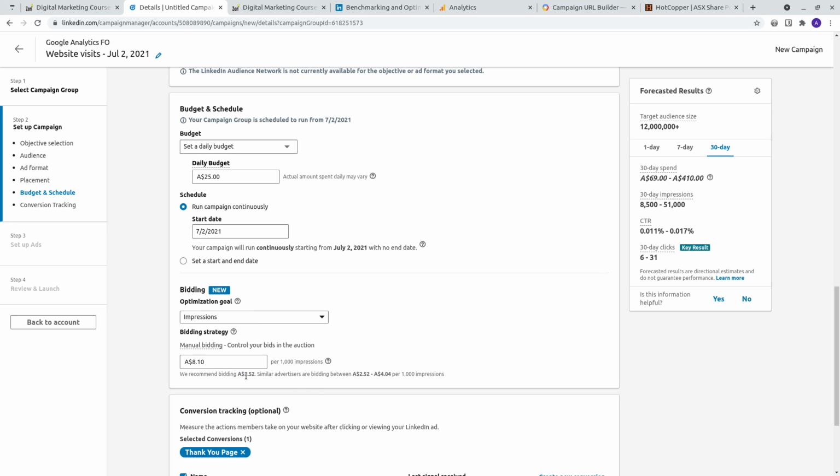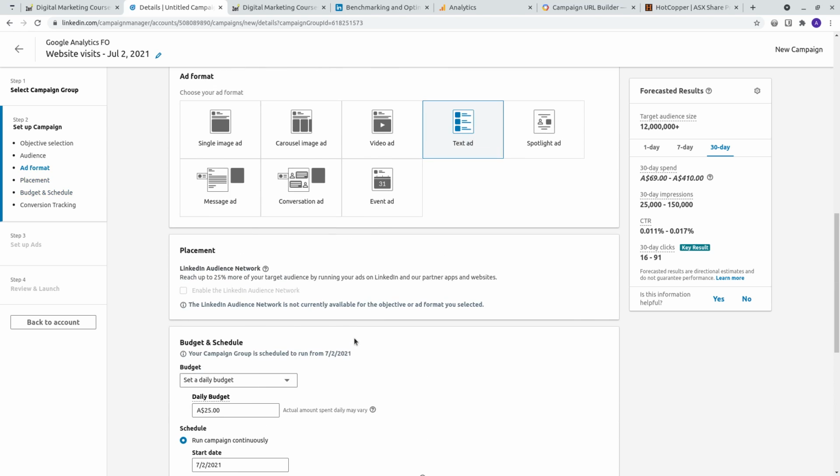So again, they'll take the 2.52 and add an extra 10% on top, which will be about 2.75 or 2.77-ish to start running the campaign. So again, 30 days impressions up to about 150,000, sorry, with a 0.17 as the good CTR. So that's one of the other strategies.